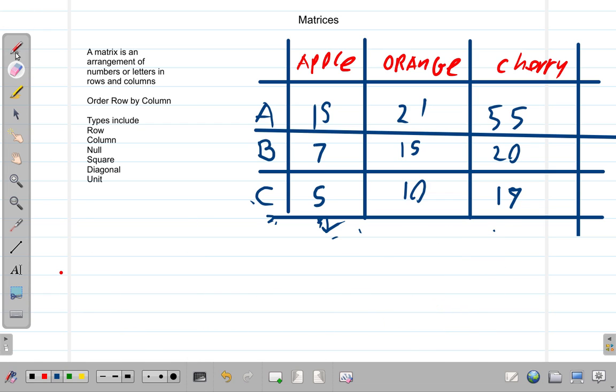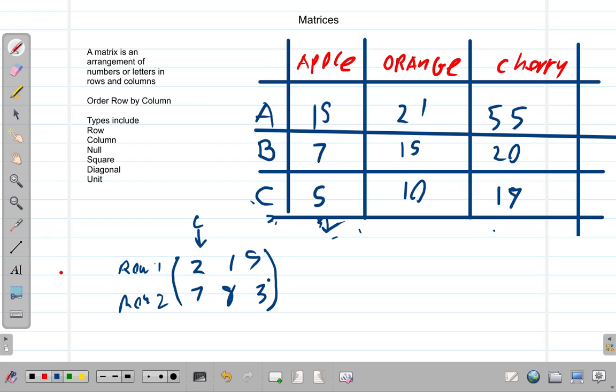Now, the order of the matrix. When you have a matrix like this, 2, 1, 5, 7, 8, 3. This matrix has row 1, row 2, only 2 rows. And how many columns do you have? Let's just use C for column, or we could just use R for rows. You know what R and C mean by now. 2 rows and 3 columns.